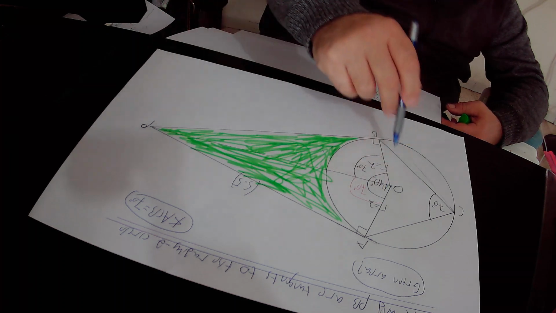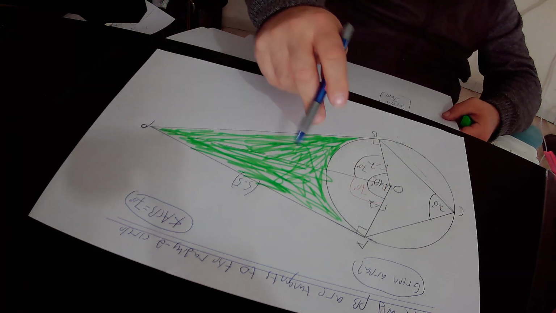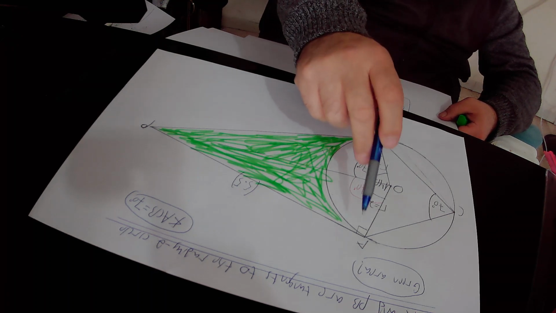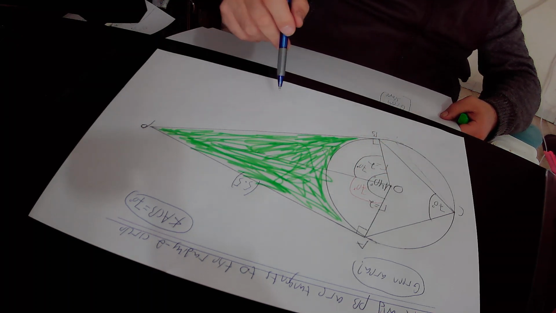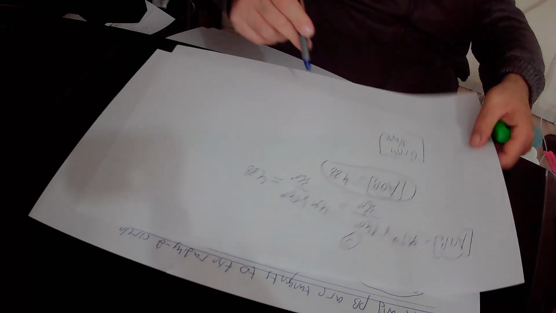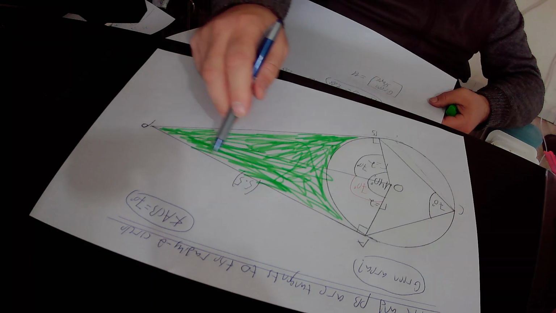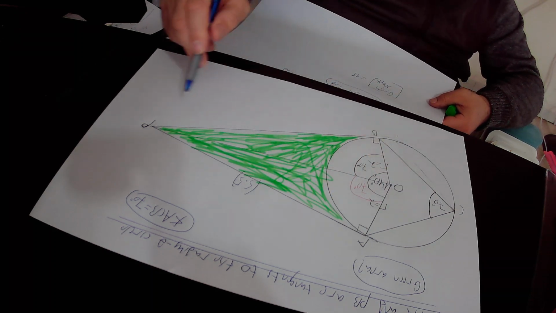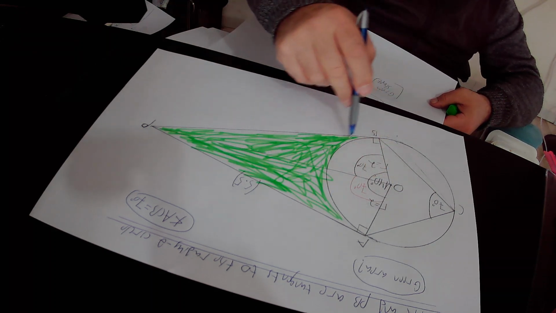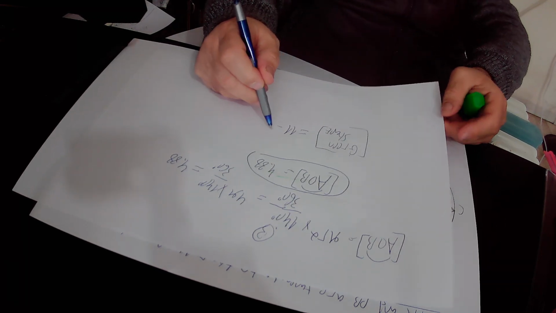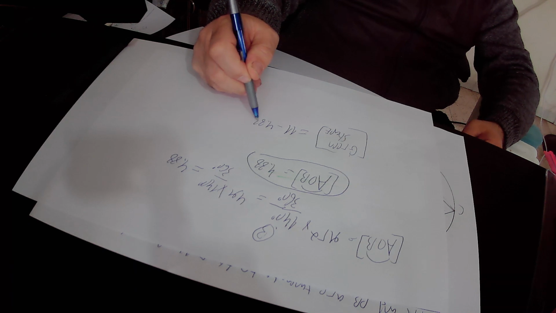We already found out that the sum of the areas of those two right triangles, which is also the area of quadrilateral AOBP, is equal to 11 square units. And we have to subtract from the area of this quadrilateral AOBP the area of this sector, sector AOB. We just found out that the area of sector AOB equals 4.88 square units.